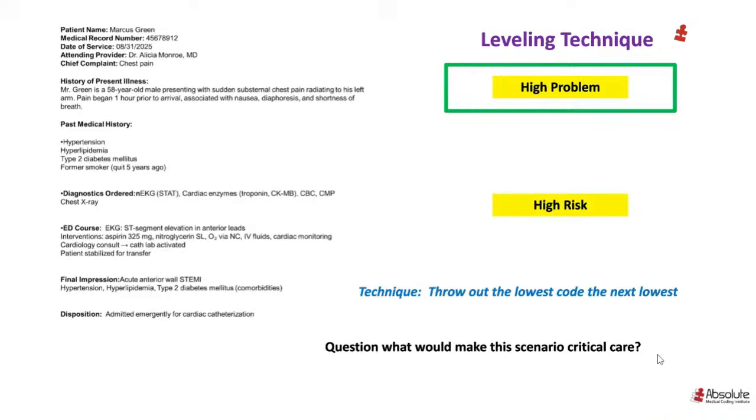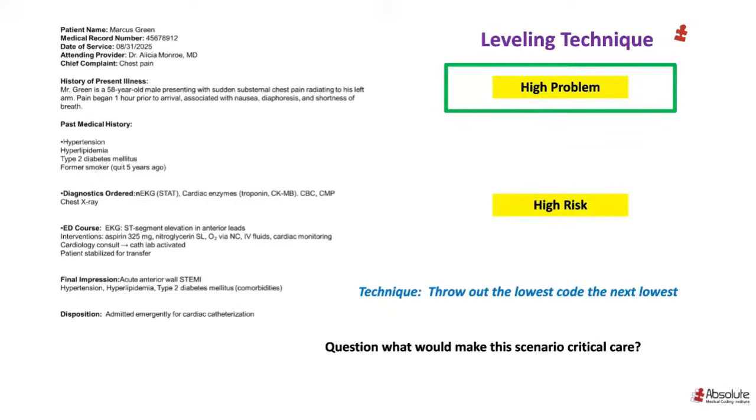So, coders, I have a question for you. What would make this scenario a critical care scenario? Do you all think this is critical care? Anybody think this is a critical care or should be critical care?